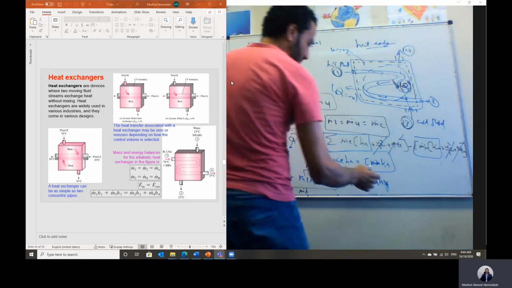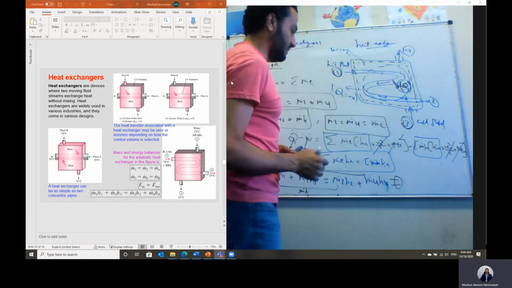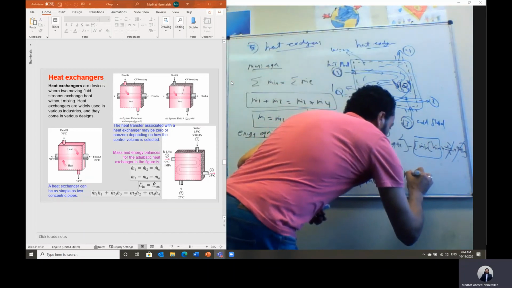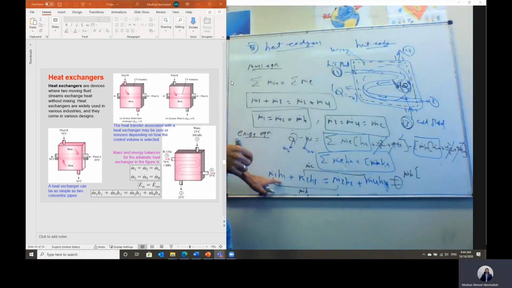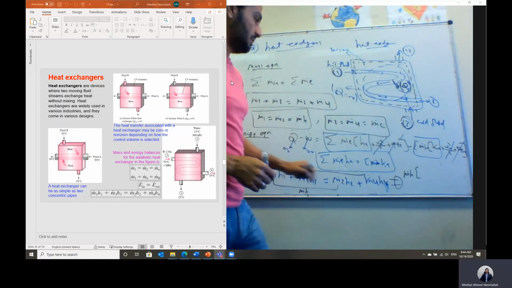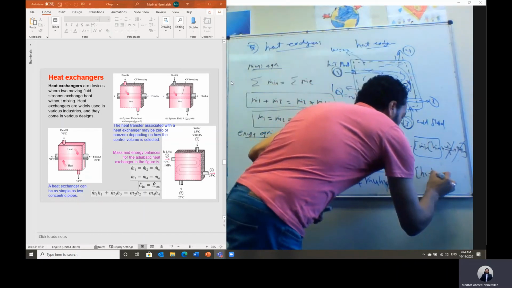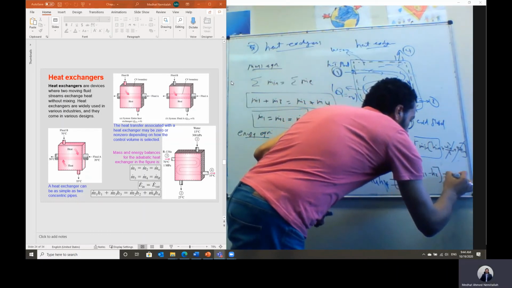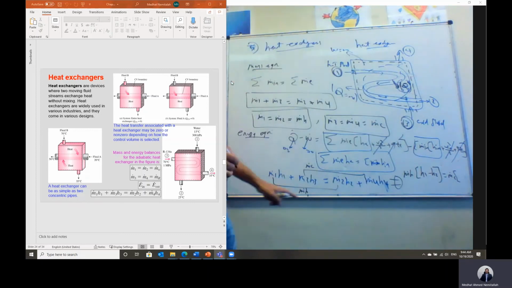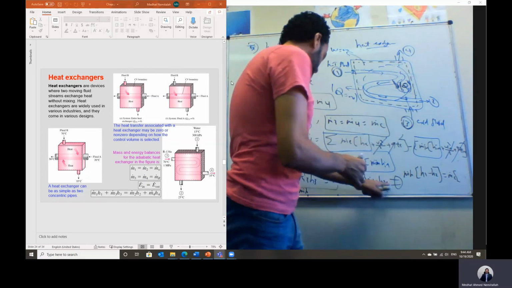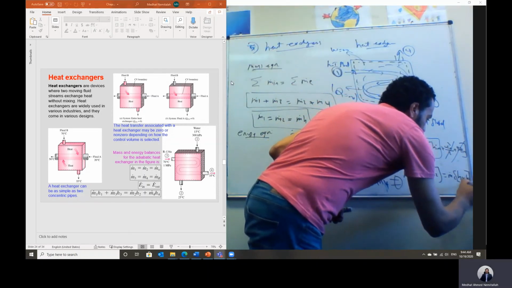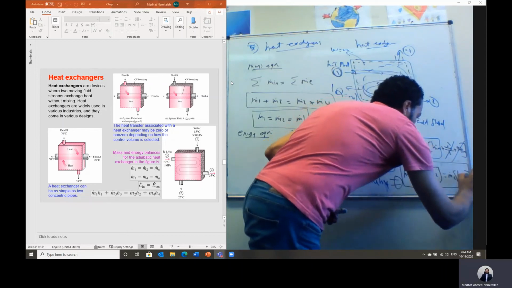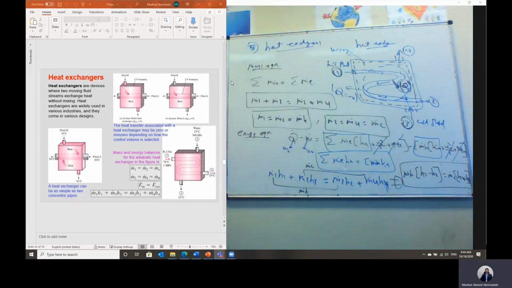So based on this equation, the mass flow rate of the hot fluid, m dot hot, multiplied by h1 minus h2 should equal the mass flow rate of the cold fluid, m dot 4, which is the same as m dot 3, multiplied by h4 minus h3. And this is the equation for a heat exchanger.